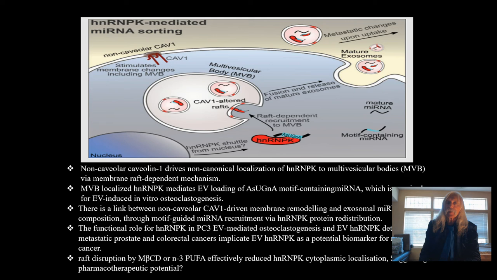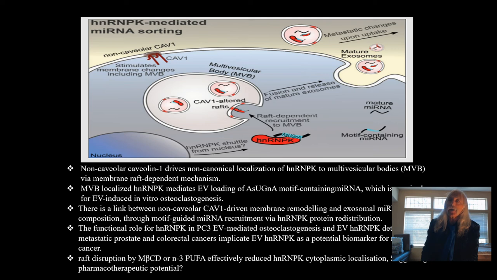Now, RAFT disruption by two different systems. I'll tell you what they are in a minute. M-beta-CD, I'll explain what that is, or adding any omega-3 polyunsaturated fatty acid will also reduce the HNRNPK cytoplasmic localization, and that'll corrupt the entire metastatic phenomenon.